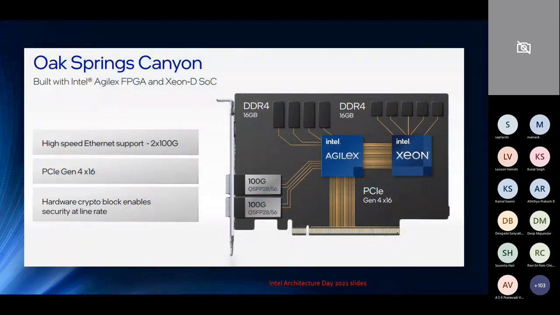What we have seen as an evolution, again from a platform point of view, is, you see here, this is an Oak Spring platform. Nowadays you will see a server, this is an Intel Xeon chip coming at this board level, which is connected through Intel Agilex. Each of these can have its own DDR links and other peripheral interconnects.